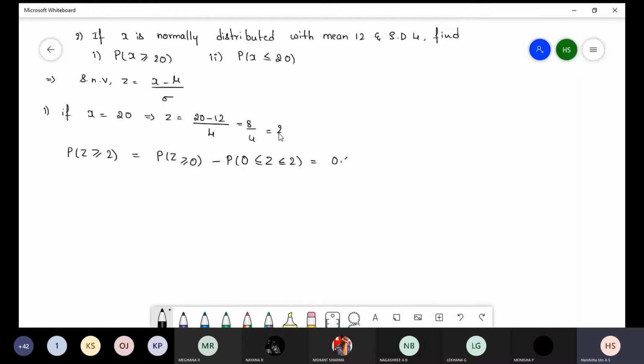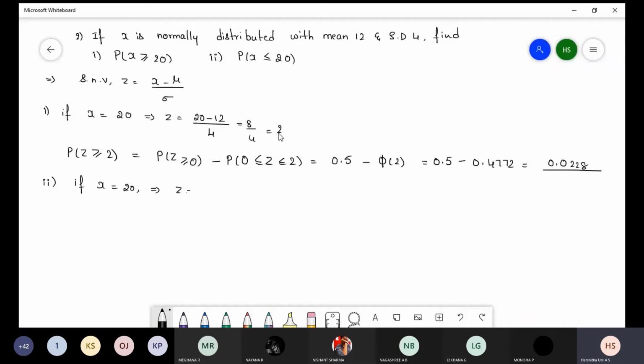So 0.5 minus phi of 2. You can refer to the previous problem for phi of 2, that is 0.4772.